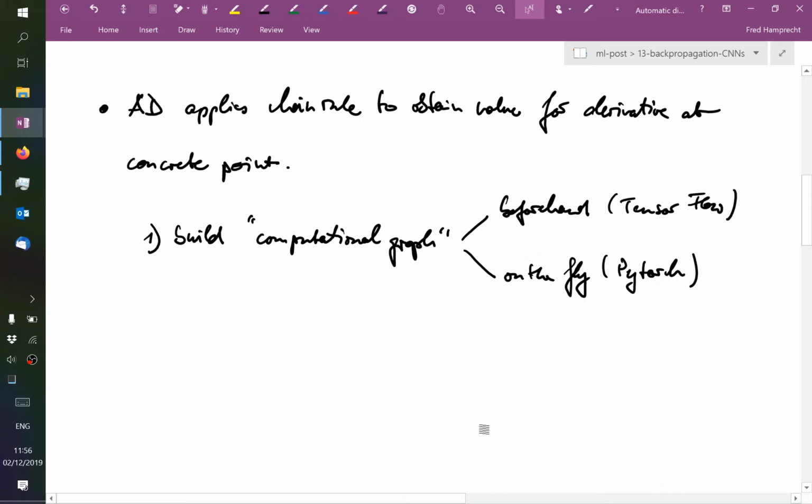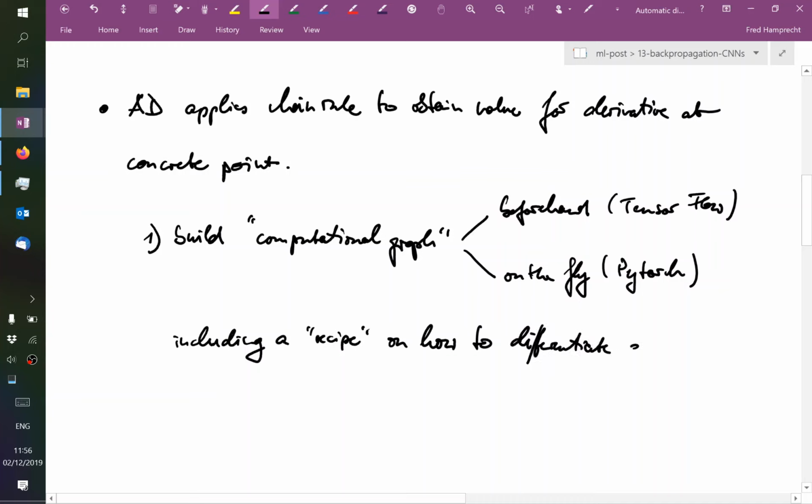And this computational graph needs to include for each node a recipe that tells us how to send gradient back through that node. I'll give an example in a moment. So including a recipe on how to differentiate a node with respect to its inputs. Such a recipe we need for each and every node.